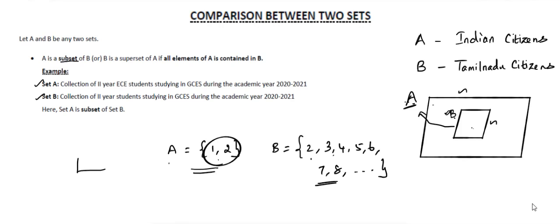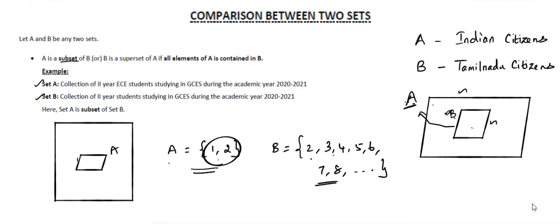Set A is only second year ECE students, whereas set B is the entire second year students I am collecting. So here A is a subset of B.